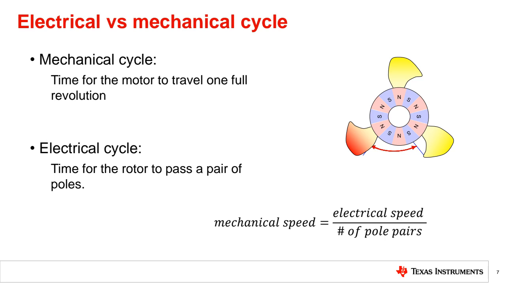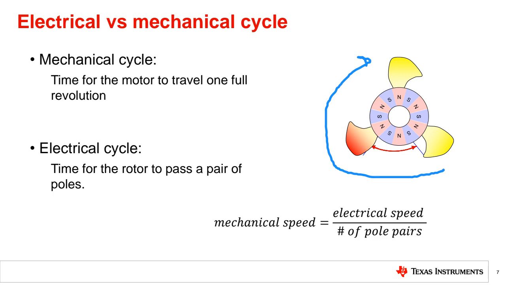There is a difference between the two concepts of electrical cycle and mechanical cycle. A mechanical cycle is the time for a motor rotor to travel one full revolution. Okay, you can imagine this is your rotor, it rotates. We have two cycles, one of them the mechanical turn number, another one the electrical turn number.